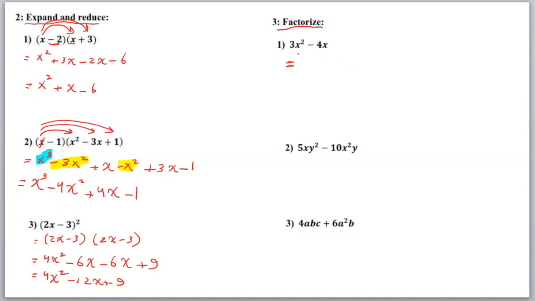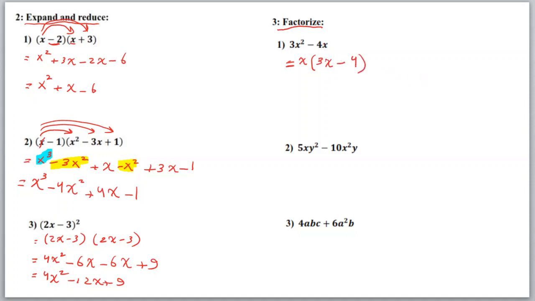So let's take 3x squared minus 4x. There is no common between 3 and 4, so we don't take it. X squared, x, we take x as common, like that. We do brackets, and we do 3x, because 3x squared divided by x is 3x. Minus 4x divided by x, it will be 4, and this is the final answer.